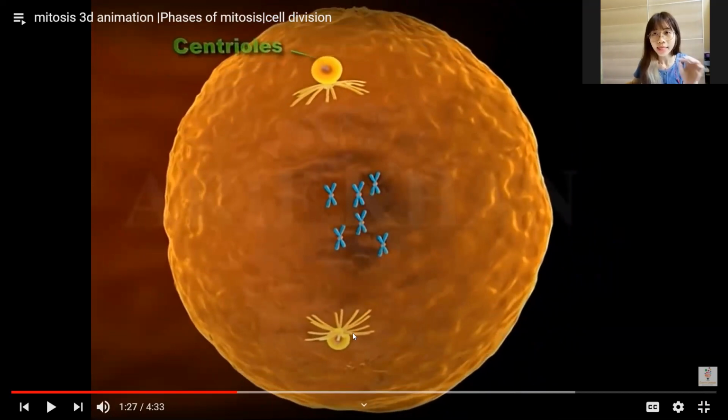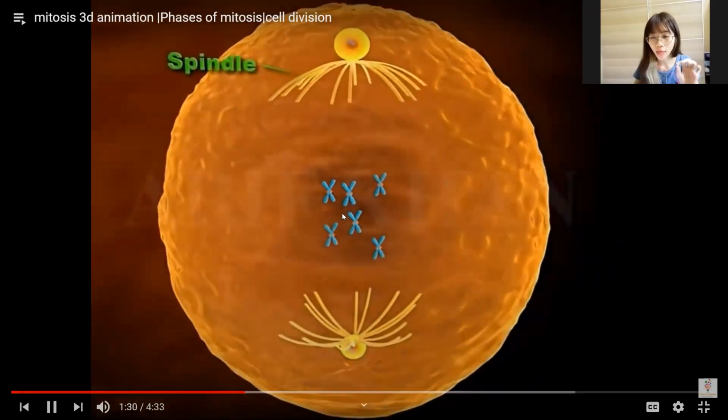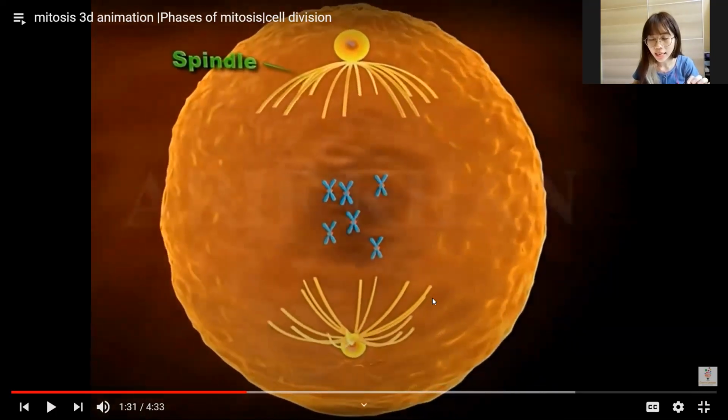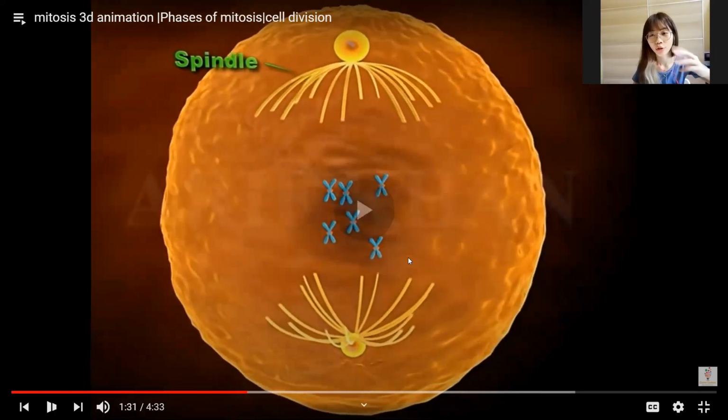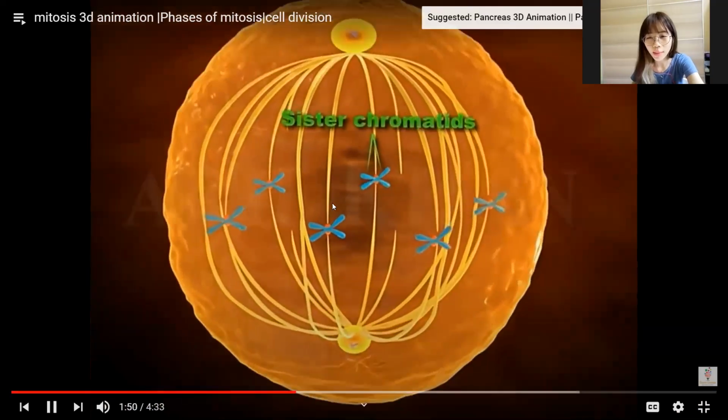Two yellow color things. That is known as centrioles. So one animal cell must have two centrioles, okay? Then they will move to the opposite pole. Can you see there's a line here? The line there we call a spindle fiber. So the spindle fiber is actually the one that they form from the centrioles. So with this line here, they will have to pull the blue color thing.